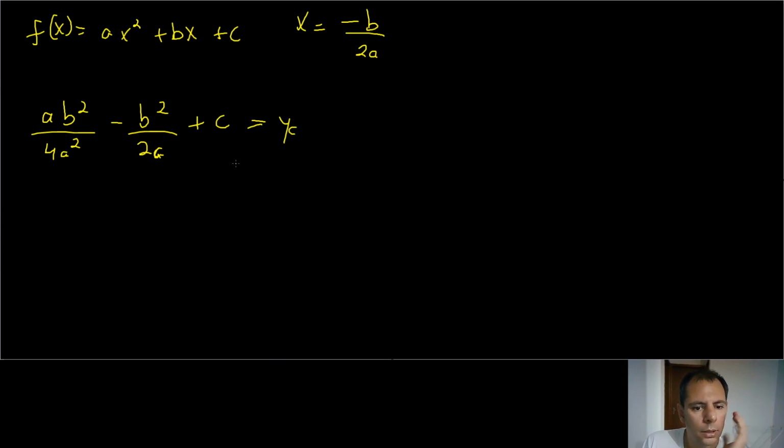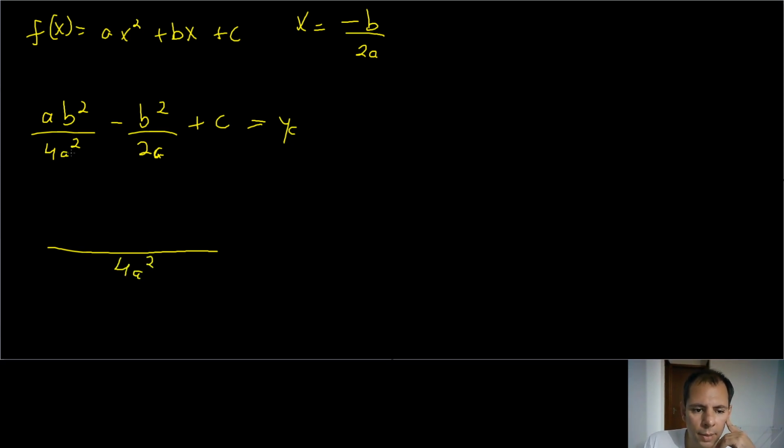All right. Now, what do we do here? What we can do is, let's unite all of these. If I want to unite all of these, what I gotta do is to use the minimum common denominator, right? Which in this case is going to be 4a squared.